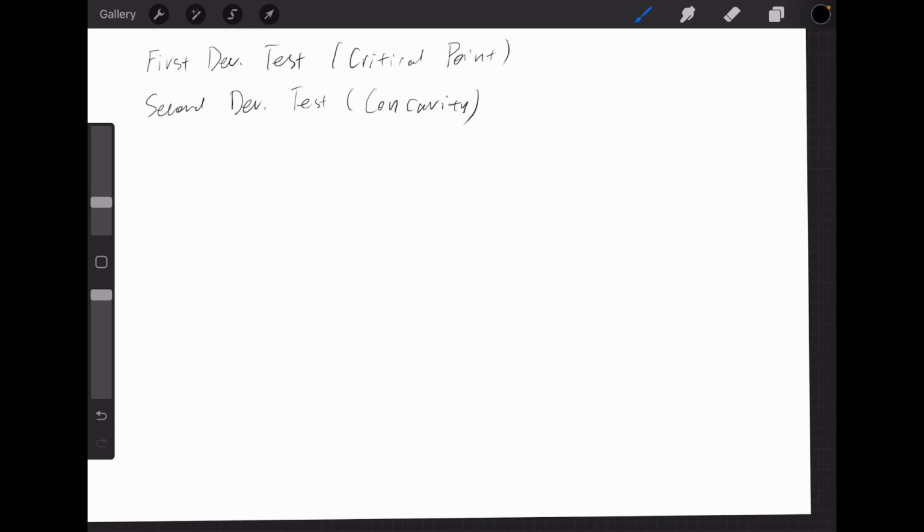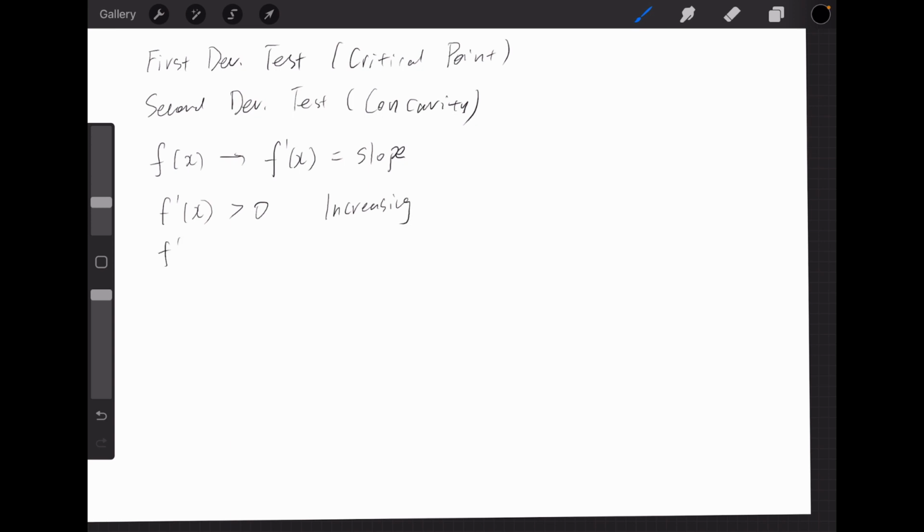Alright, so as we all know, if I have a function f of x, then the derivative of that would be the slope of the function. And if the slope, in other words, is greater than 0, which means it's a positive number, then the function is increasing.